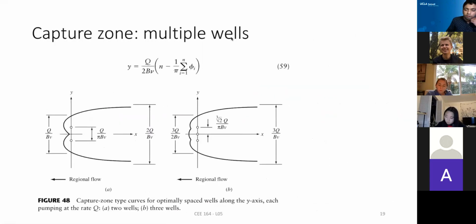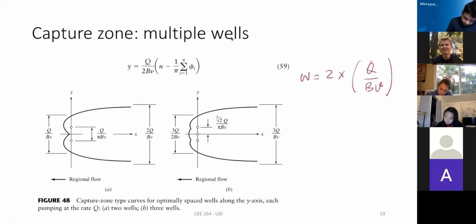So this is the common formula. If you have two wells, that means your capture zone width would be 2 times Q over BV.